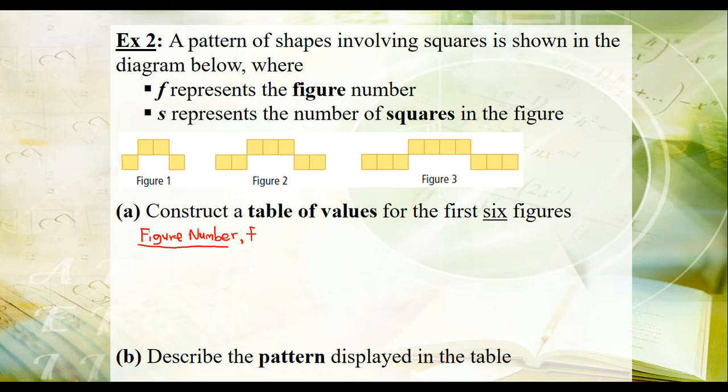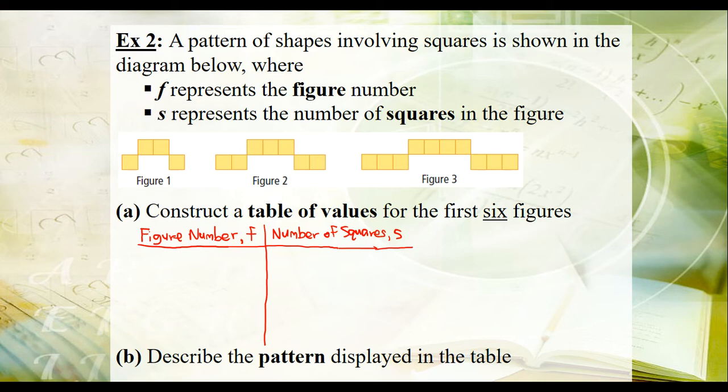Okay, so let's underline this and extend it over. Now the Y variable is going to be the number of squares. So we're going to say number of squares. The variable we're going to use for that is S, and again, it has no units.